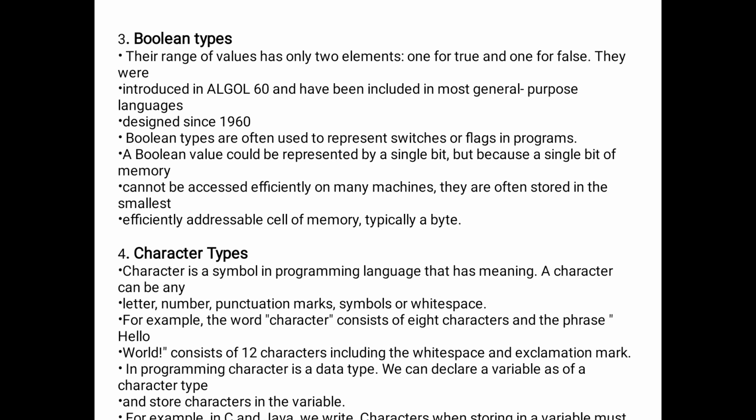Next one, character types. A character is a symbol in a programming language that has meaning. A character can be any letter, number, punctuation mark, symbol, or white space. For example, the word character consists of 9 characters and the phrase hello world consists of 12 characters including the white space and exclamation mark.